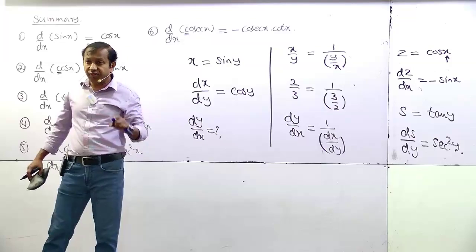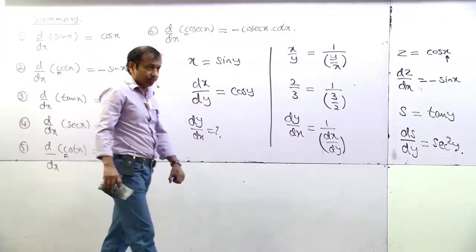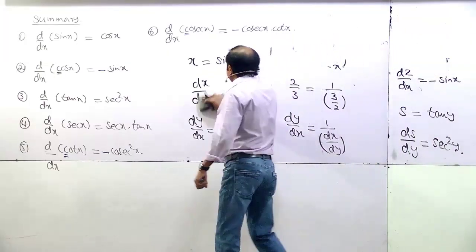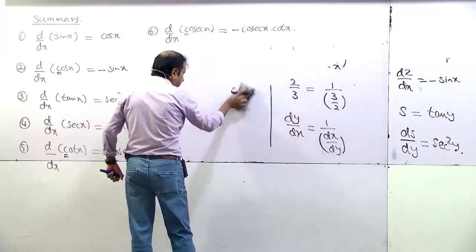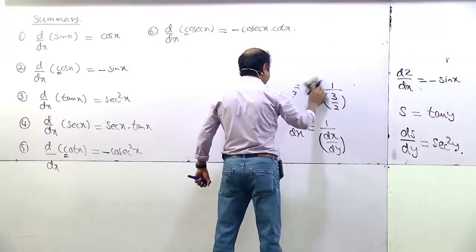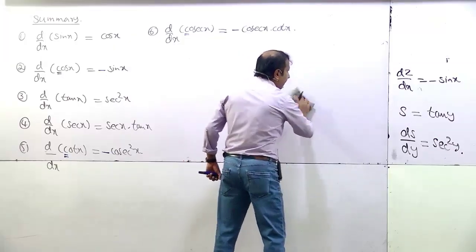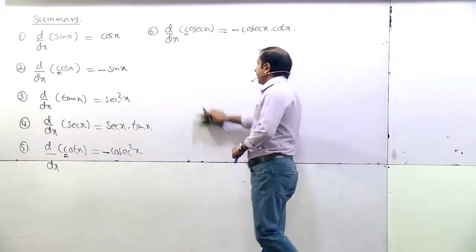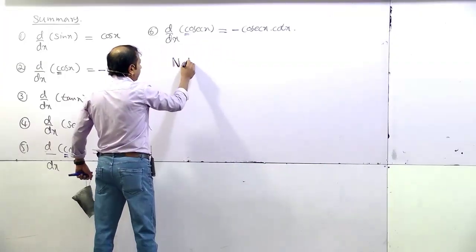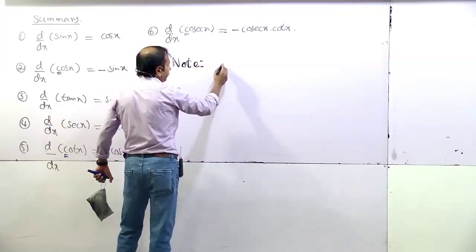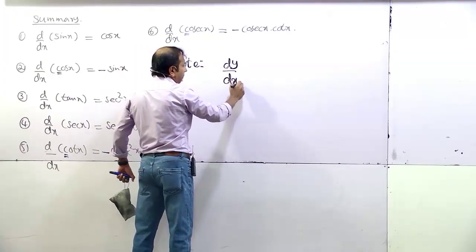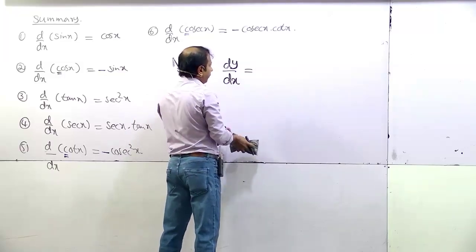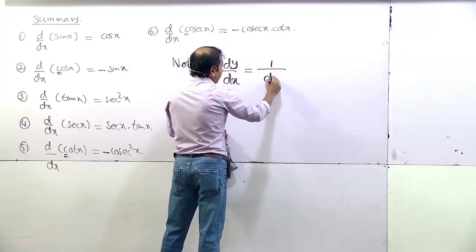First, we will take down that as a note. Thereafter, we go for the inverse trigonometric functions, the derivative of inverse trigonometric functions. Write down as a note: dy over dx equals 1 over dx over dy.